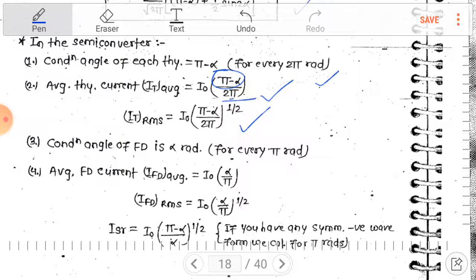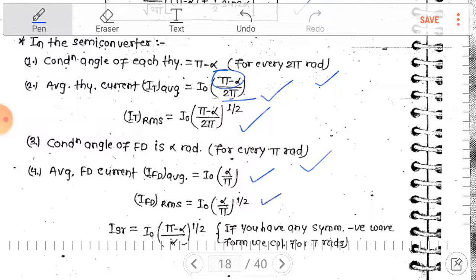The conduction angle of the freewheeling diode is alpha radian for every pi radian cycle. So for 2 pi the conduction of the freewheeling diode is 2 alpha radians. The average freewheeling current is I naught alpha by pi, where alpha is the time period in which freewheeling is conducting and pi is the total time period.